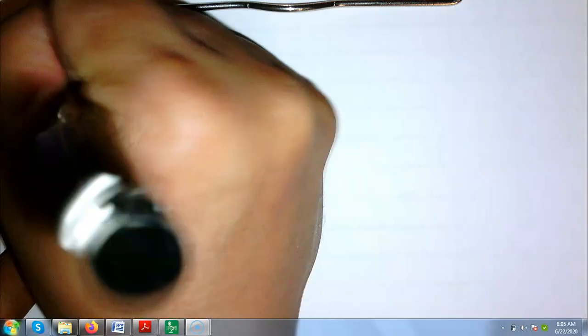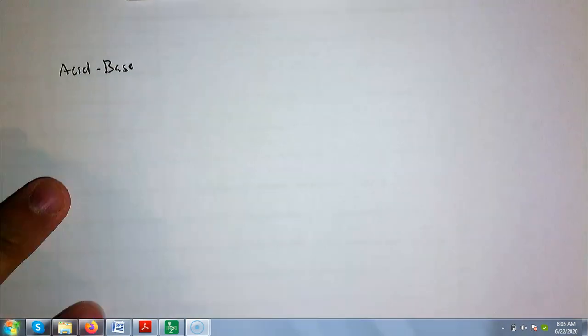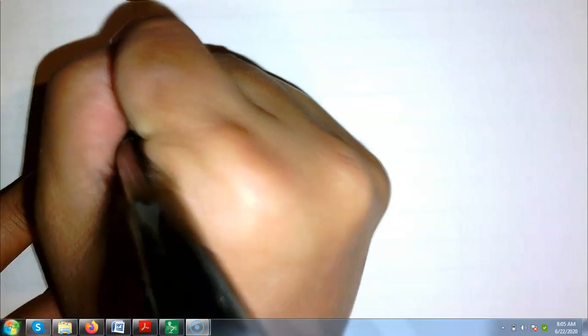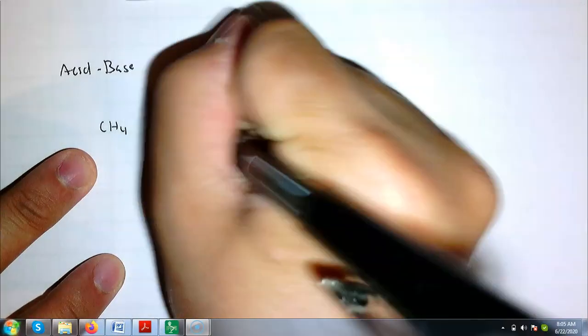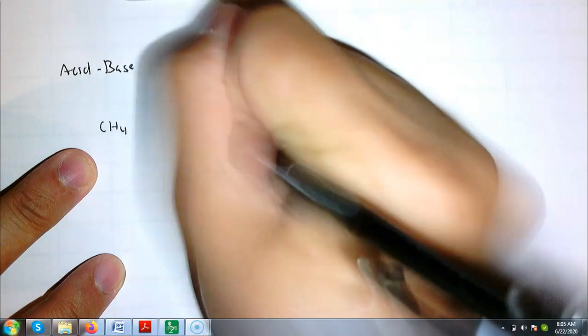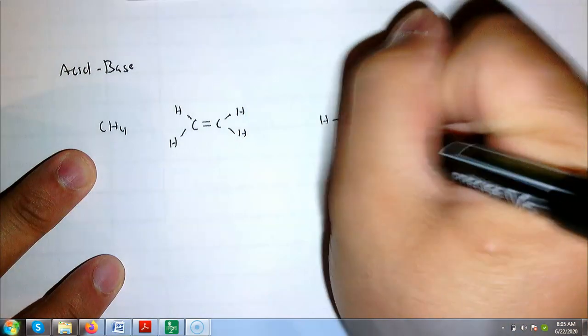Acid base. It will become apparent once we go over some acid base properties. If you recall your pKa table, something like methane, and we have here ethyne, the triple bond.